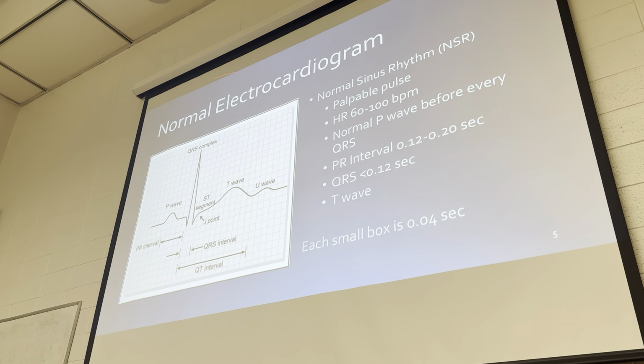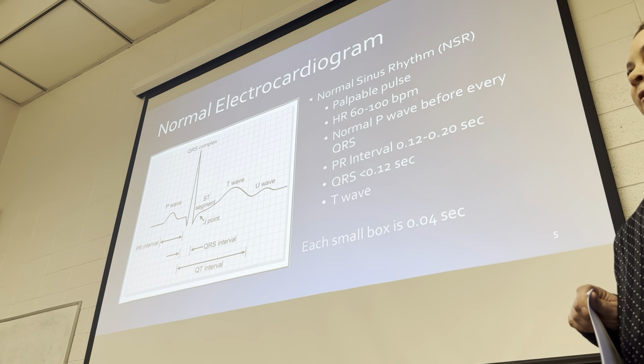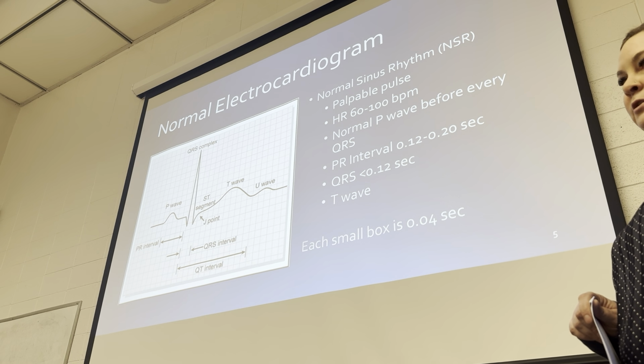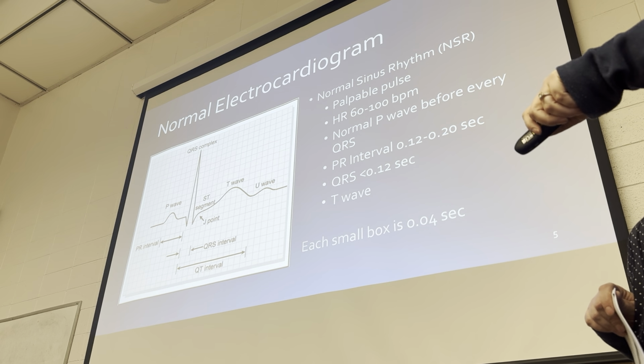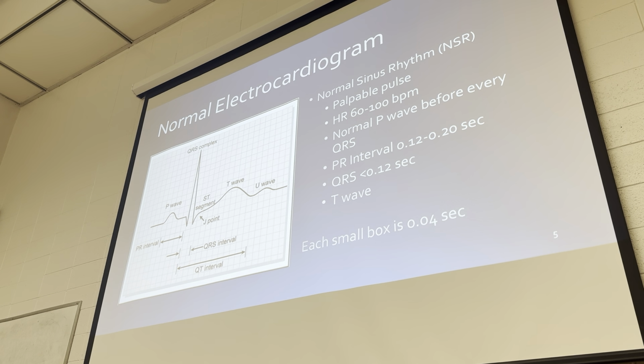So when we look at a normal ECG, we need to remember that in order for everything to be normal, there has to be first a palpable pulse, right? Because we also have that pulseless electrical activity where we can have a beautiful picture here, but our patient is still dead, right? So we need to have a palpable pulse. Our heart rate needs to be between 60 and 100.